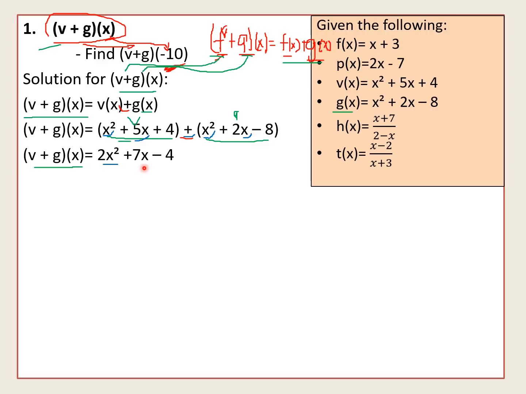Why? Because according to item number 1, we have to find the sum of v and g when x is equal to negative 10. So, after nating makuha itong value ng v and g, that's the time na isa-substitute natin si x sa lahat ng x dito sa sum ng v and g.